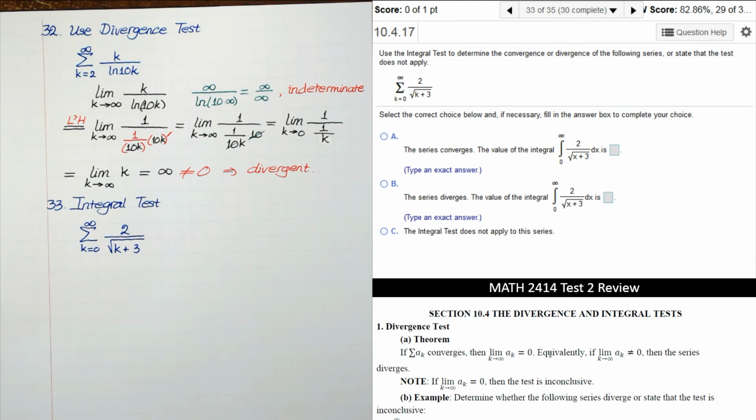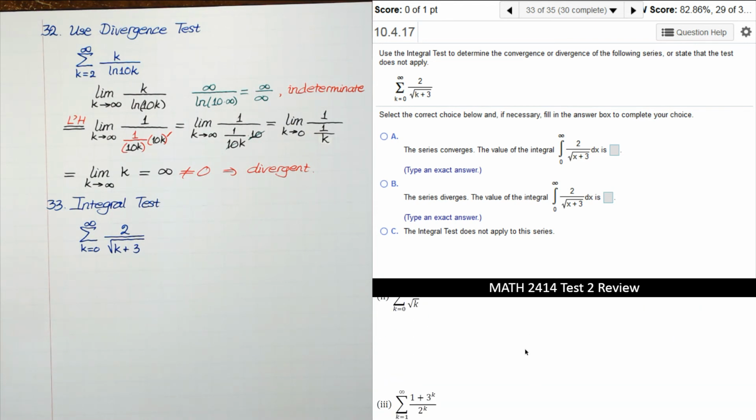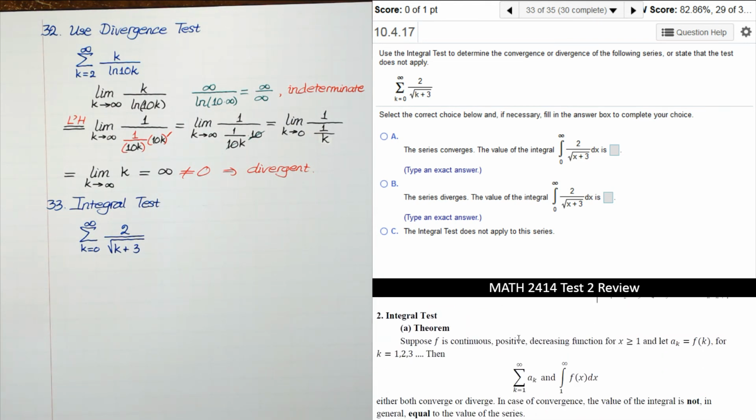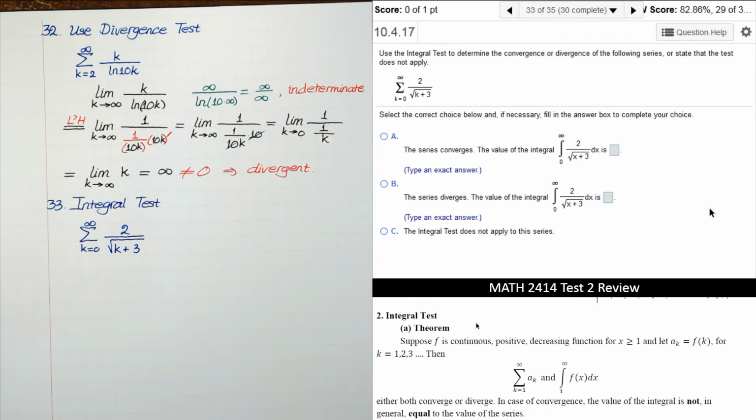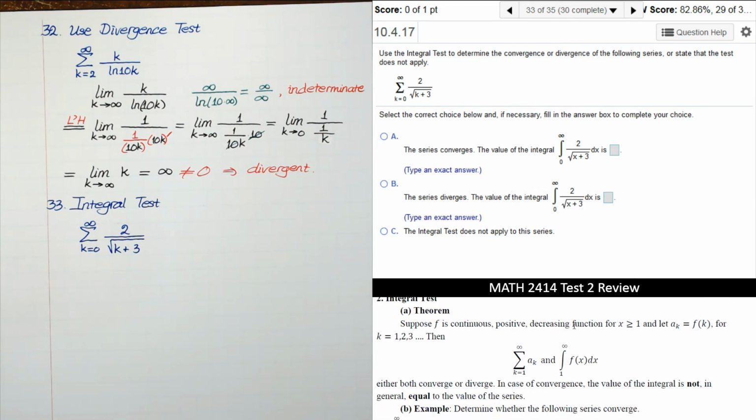Right, the integral test. Actually, we need to check a few things before we do the integral test. We need to check to make sure that it's continuous, positive, and decreasing, these three things.